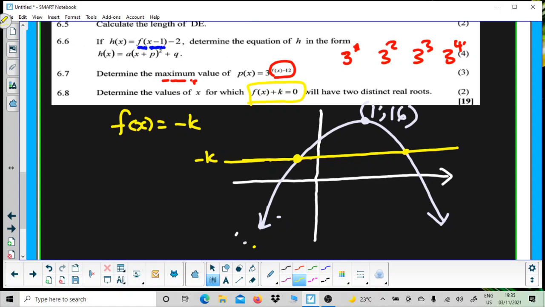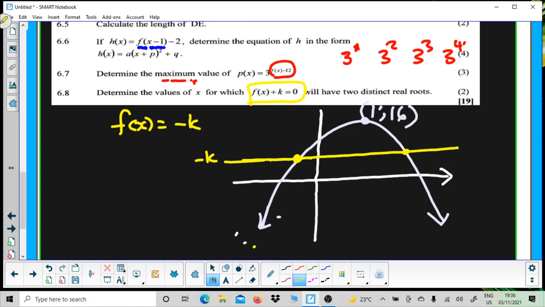I thought they wanted the values of k. Determine the values of x for which function of x plus k is equal to 0 will have two roots. I'm sure they wanted to say k though. Let's handle it with k first so you can understand properly, because that one with x won't really work as fast as we want. So let's say it was the values of k, because that's what you need.